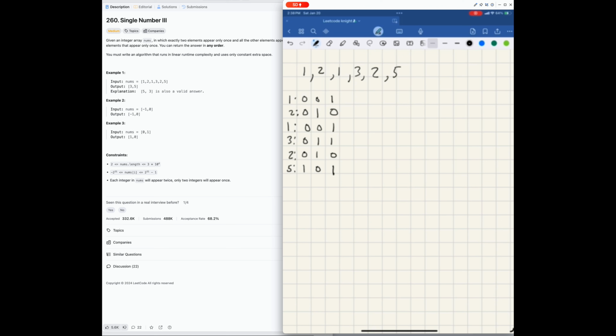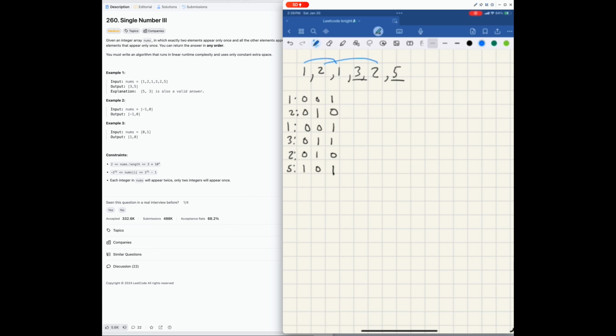Okay, so looking at this, we can tell right away, we know the answers we're looking for are 3 and 5, right? Because 3 and 5 appear only once in this entire array.